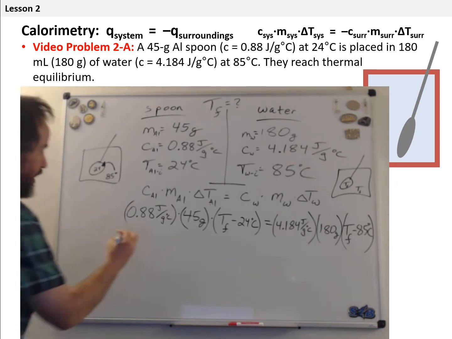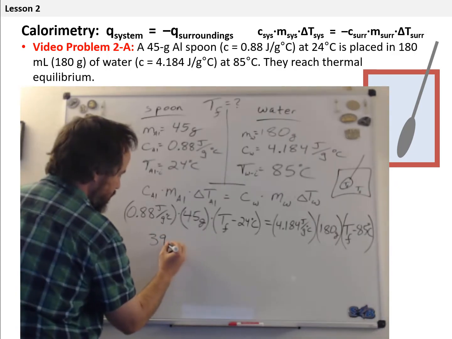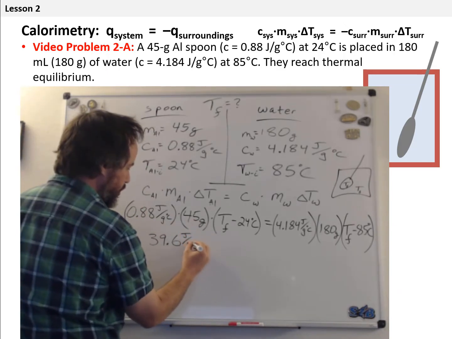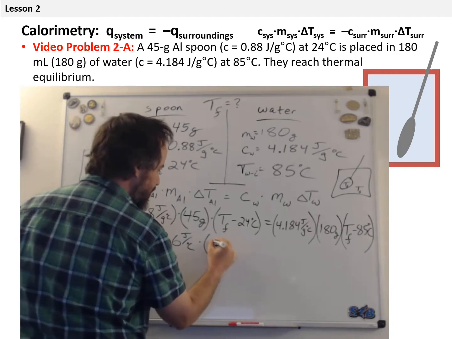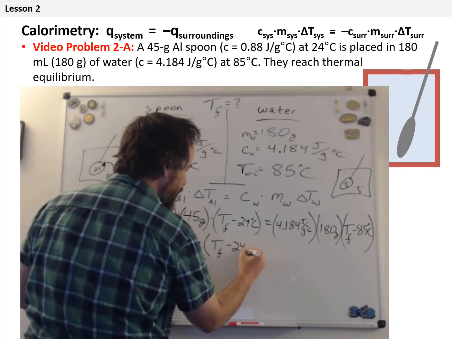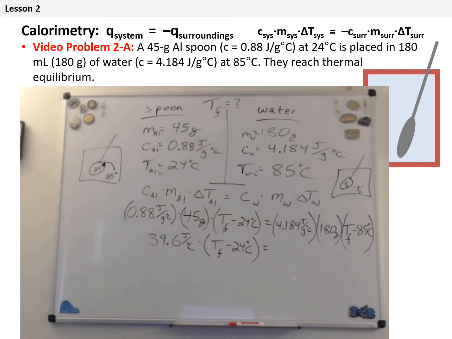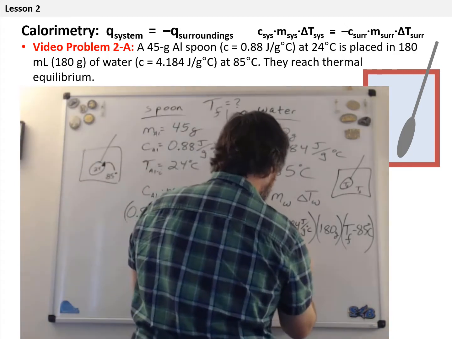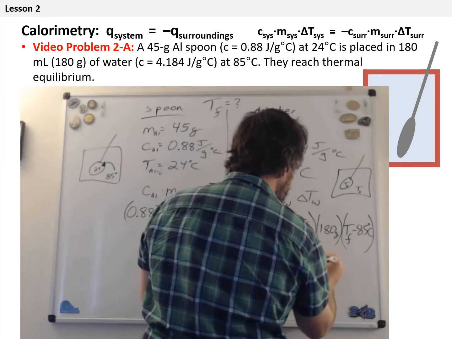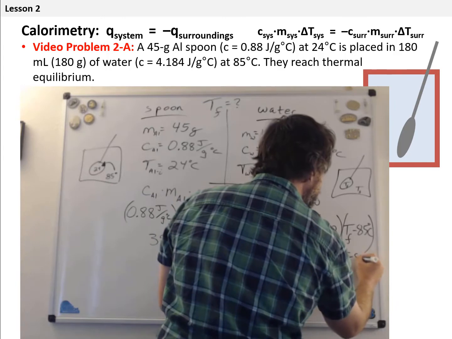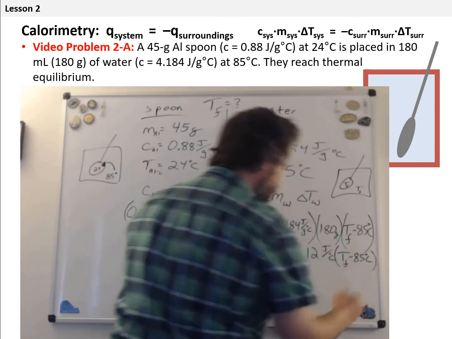So that's 39.6 joules per degree C times T final minus 24 degrees C equals 4.184 times 180 equals 753.12 joules per degree C times T final minus 85 degrees C.